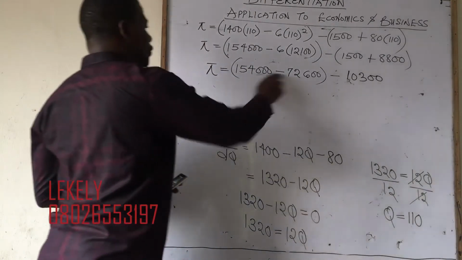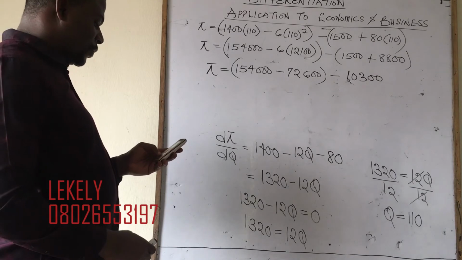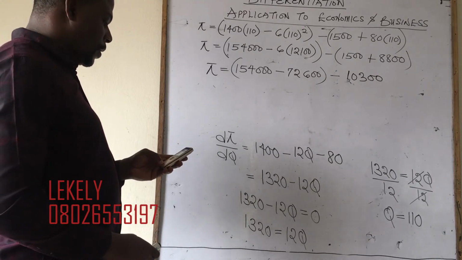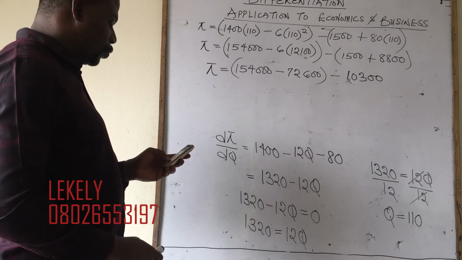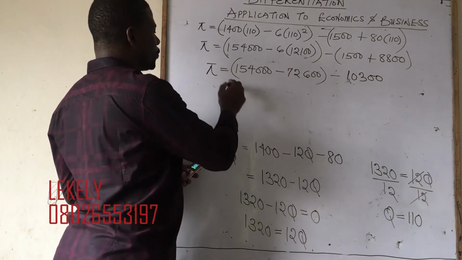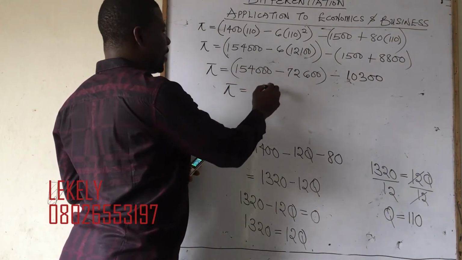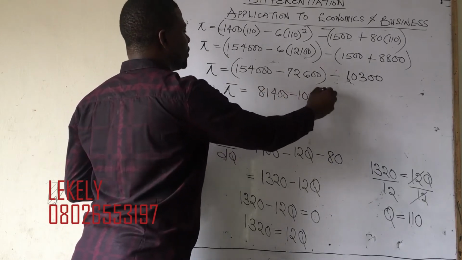So with this now, if you subtract this, 154,000 minus 72,600, that's 81,400. So our profit is now 81,400 minus 10,300.